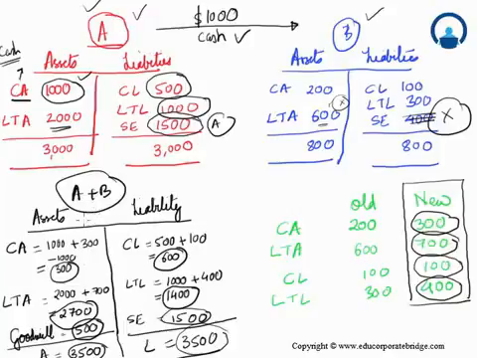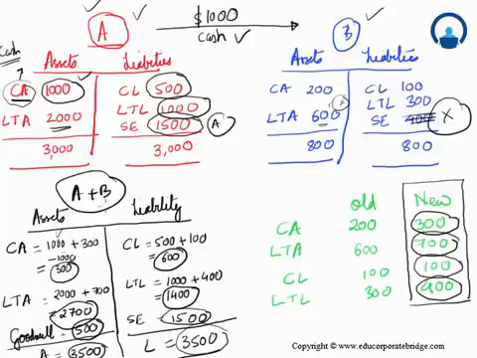Just to reiterate what we did, we have paid cash to an extent of $1,000, and the assumption was that current assets had all cash elements. So you have immediately paid cash out of the current assets, and you were left with nothing. That's why we added this 1,000 here and we deleted this 1,000 here.